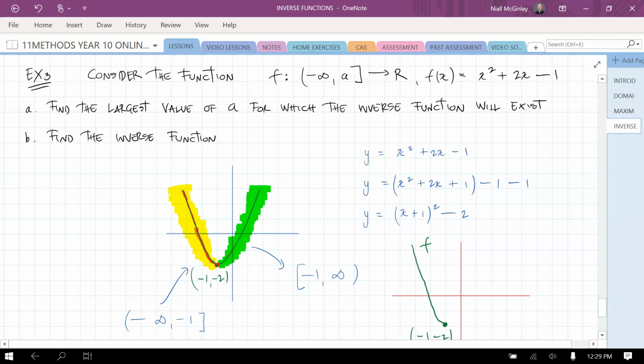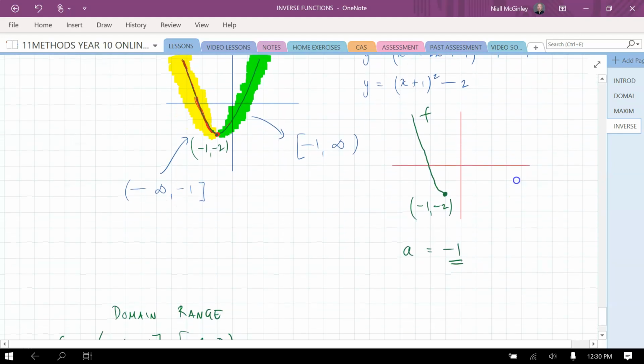So if y appears more than once when you swap the x and the y, then it's probably a good idea to change the form. Not always, but for quadratics, you always have to change the form. So instead of using the original function, we're going to use it in turning point form.